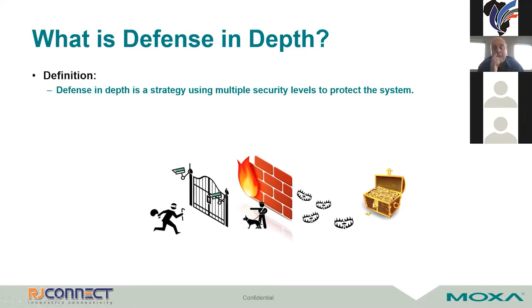You have multiple layers so that when somebody's attacking you, you have to go through multiple different steps to get to your information that you're trying to protect against these kinds of guys.